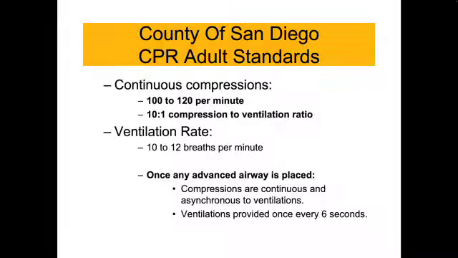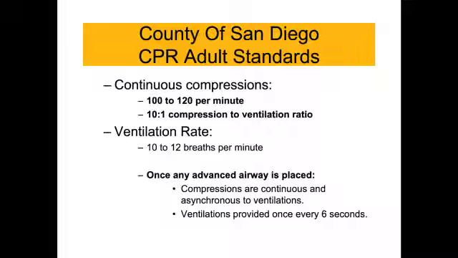So the County of San Diego adopted the 10-to-1 compression to ventilation ratio about 12 or 13 years ago, and it works just really, really well. So we no longer use 30-and-2 for adult patients. And so the compressor is doing around 100 to 120 compressions per minute.